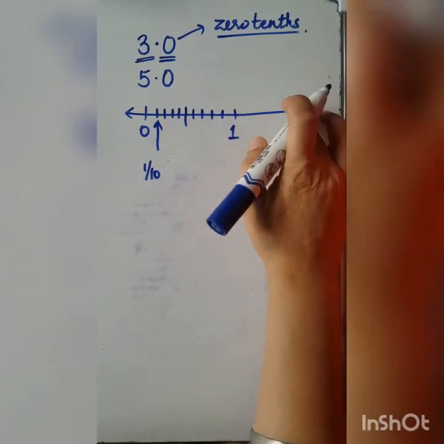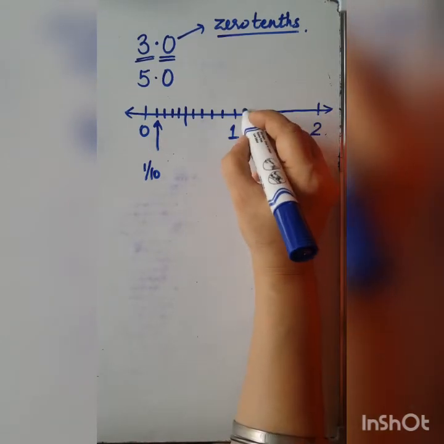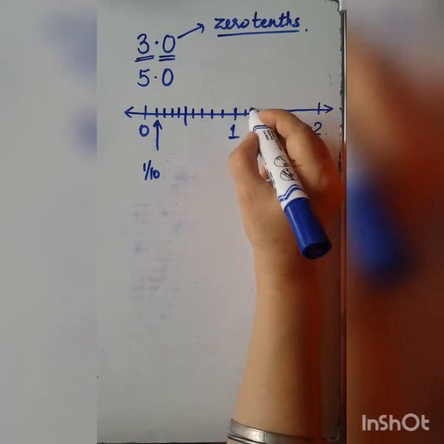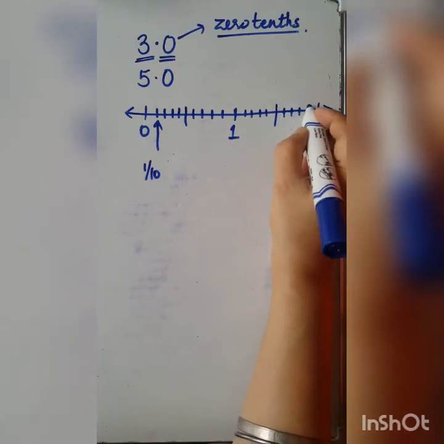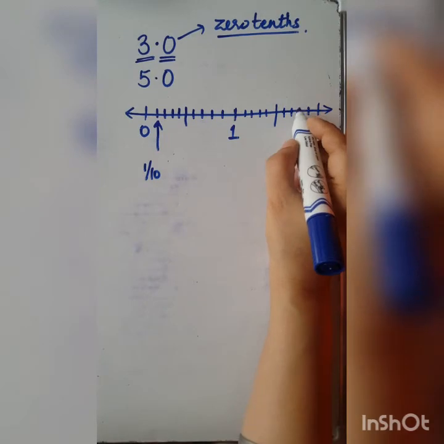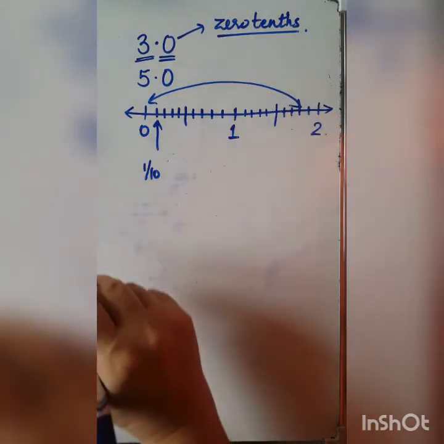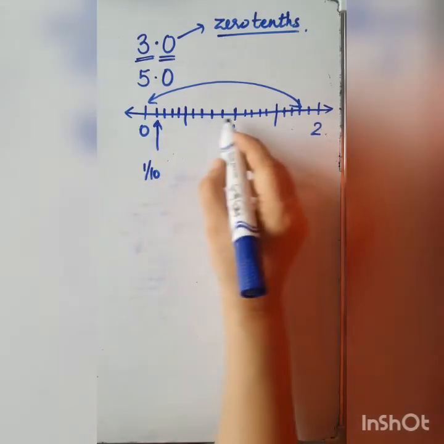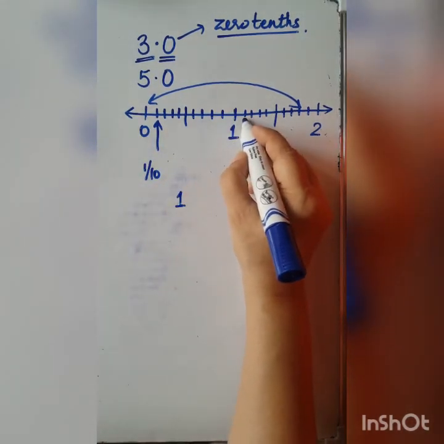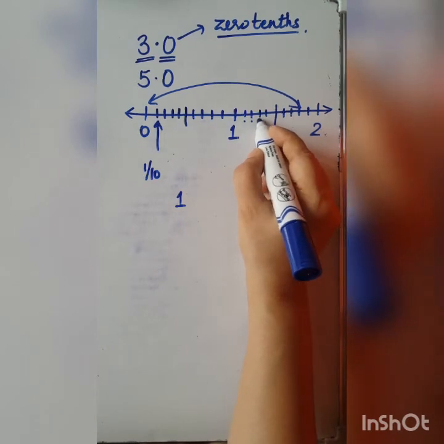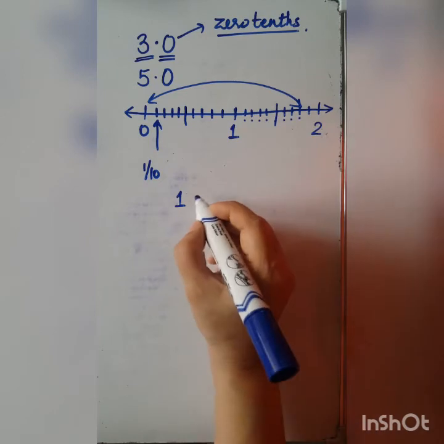Now between 1 and 2, if I take 1, 2, 3, 4, 5, 6, 7, 8, 9, 10 again, and if I consider this much unit till here, that represents one whole unit plus 1 by 10, 2 by 10, 3 by 10, 4 by 10, 5 by 10, 6 by 10, 7 by 10 and 8 by 10.